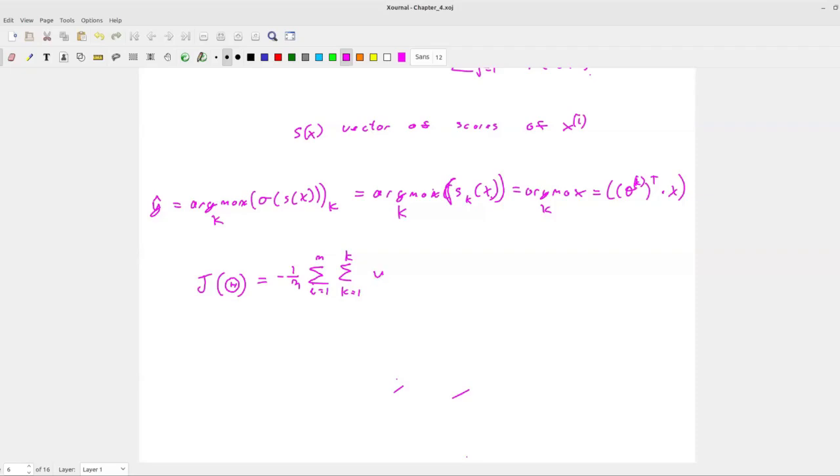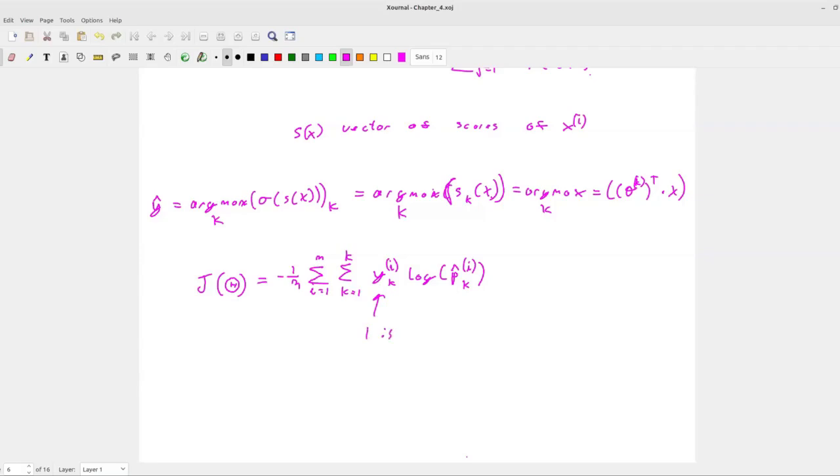And that's going to be y_k^(i) log p hat_k^(i). In that equation, y_k^(i) takes the value of 1 if the target for the ith instance belongs to class k, otherwise it takes 0.